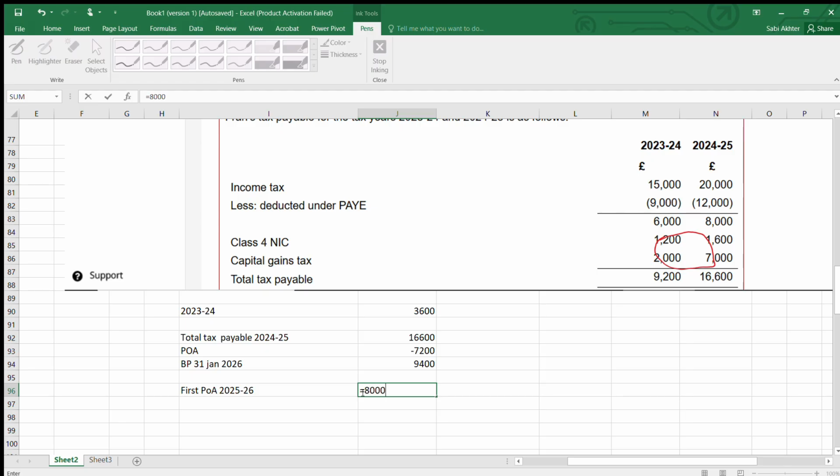Okay, 8,000 plus 1,600 and divide this by 2. Put bracket. 4,800. So this is the first payment on account. This is also due on 31st Jan 2026. So that's why we have to add both of these.